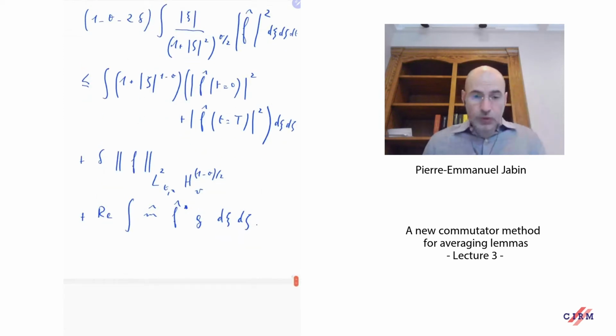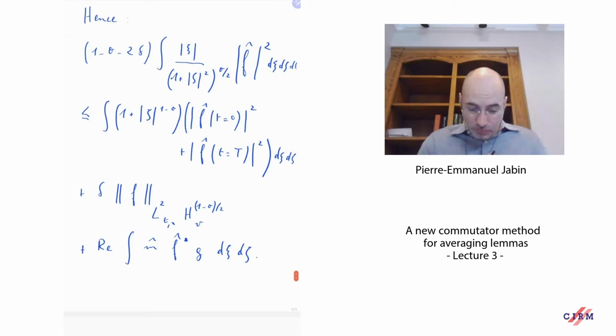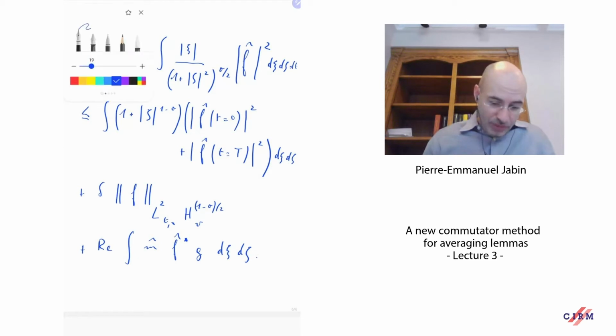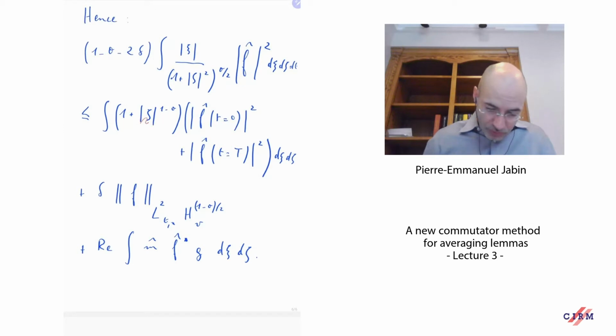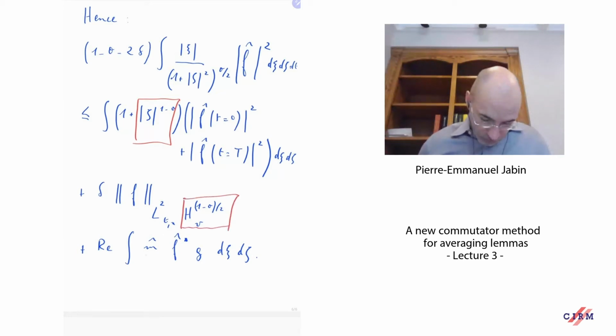So this is the first step, and of course you're not done, and you're not done because you see that if you're doing it like that, you are paying with those extra derivatives here in V, including there, because again, this is behaving like zeta to the power 1 minus theta.